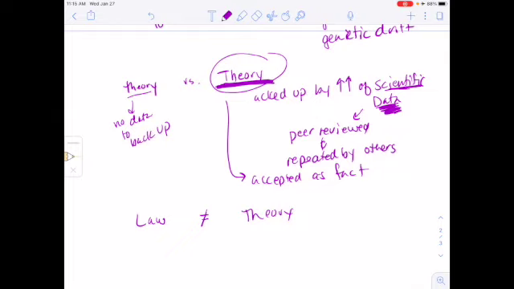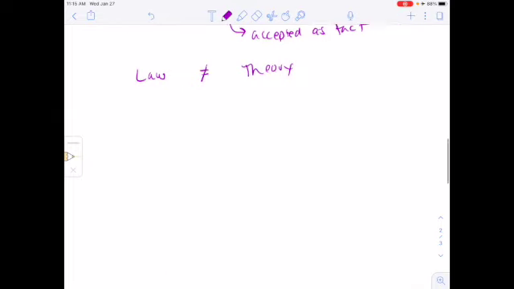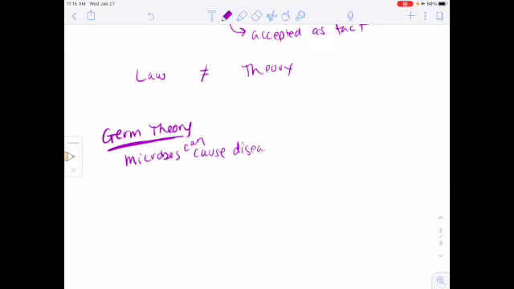All right. So let's get into a theory, germ theory. Germ theory states that microbes can cause disease. A thousand years ago, people were like, it's bad air that causes disease. And yeah, you can breathe something in the air that can make you sick.